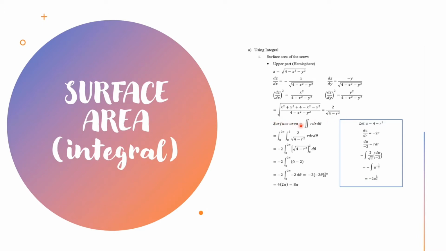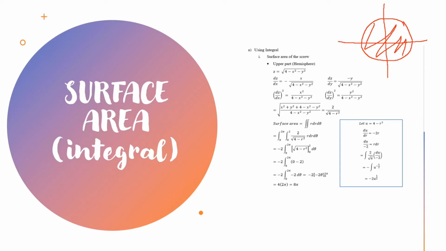So for surface area, the double integral is r dr d theta. As we know, the hemisphere is the shape of a circle. I want to find the surface area of this.